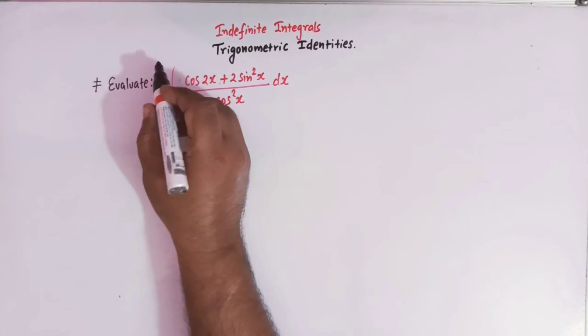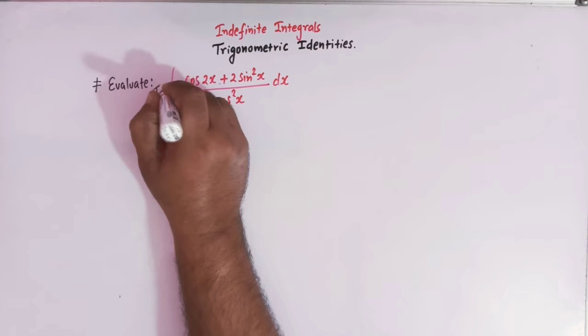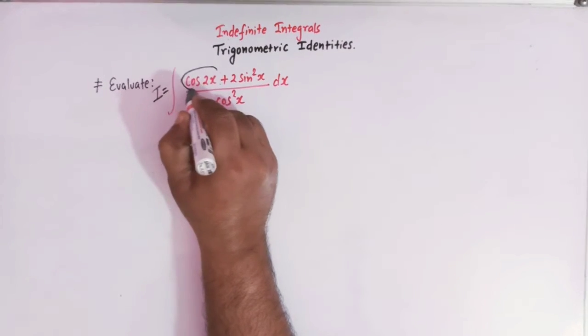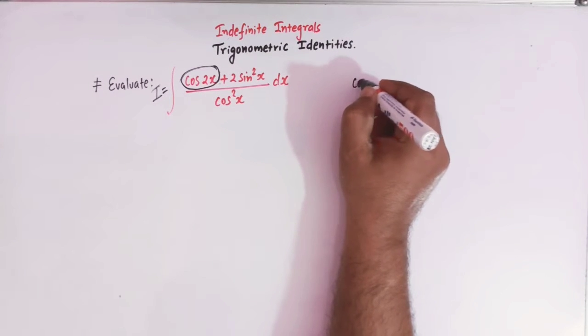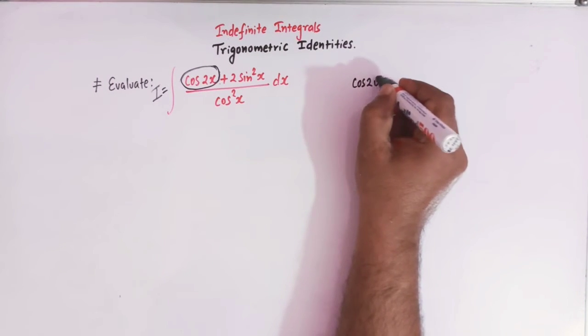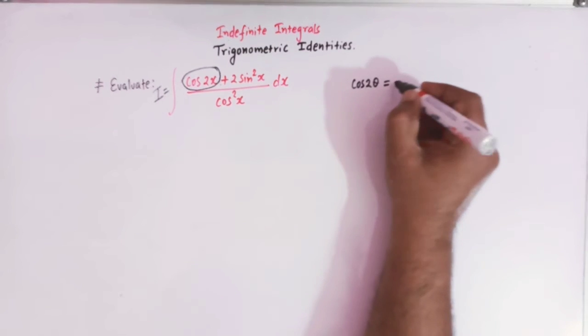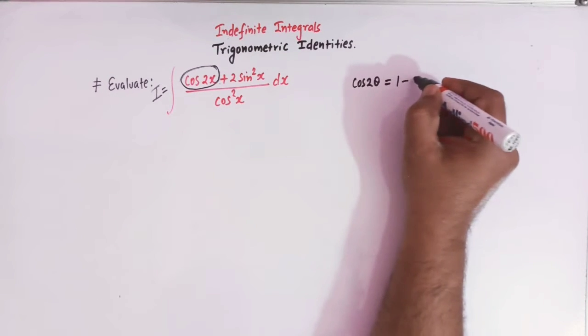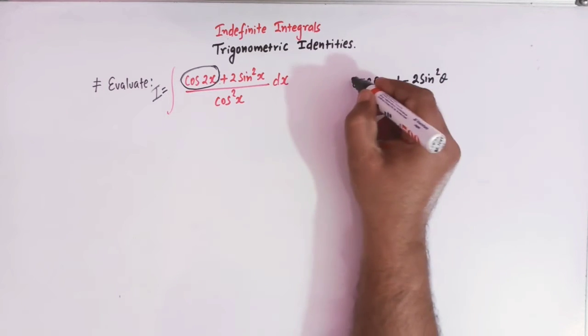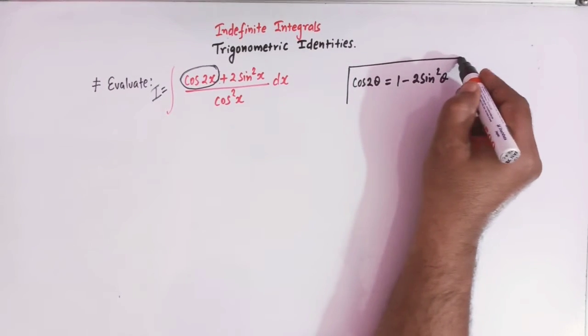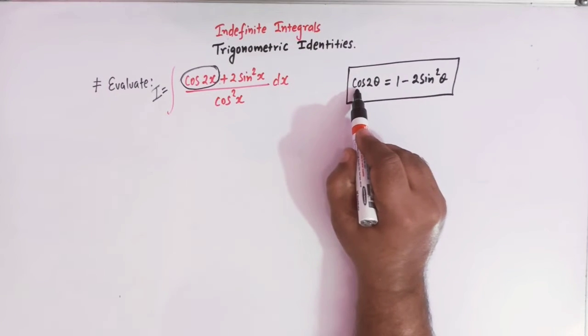So now here what we will do, see, we have a term cos of 2x, right? And from trigonometry we know that cos of 2 theta is equal to 1 minus 2 sine square theta, right? So this is a very important double angle formula for cosine theta.